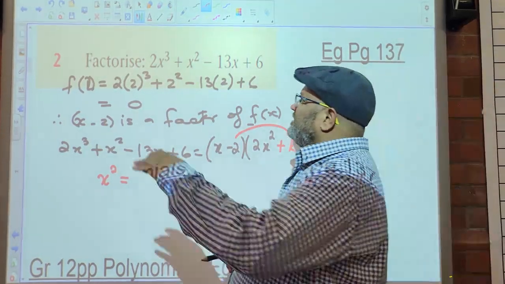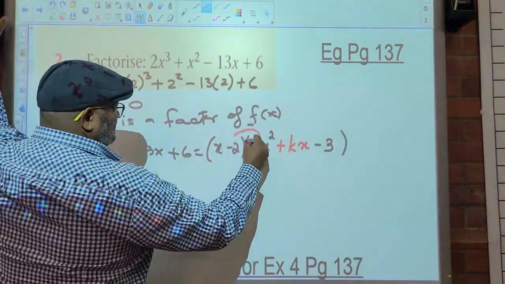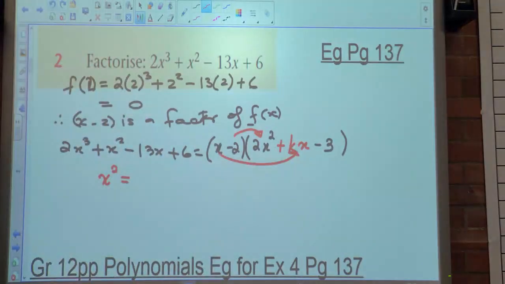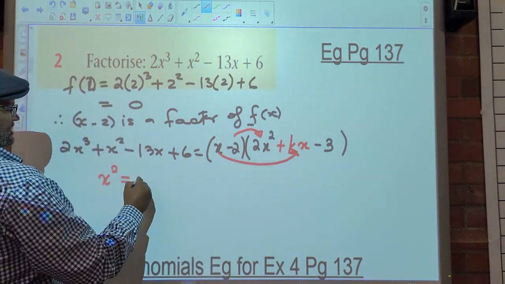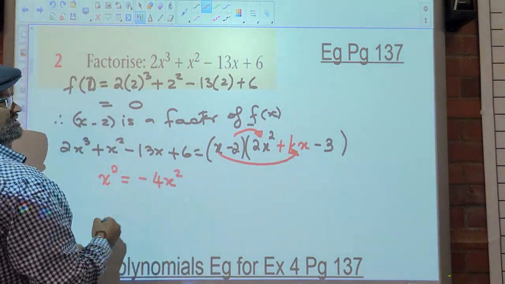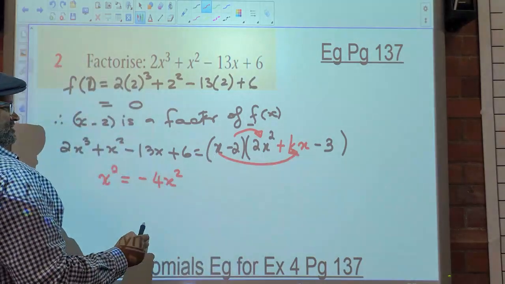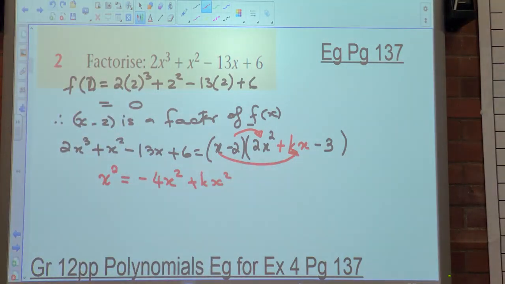No, not that one. Constant with x squared or x with an x. So what is negative 2 multiplied by 2x squared? Negative 4x squared, not so. What is x multiplied by kx? Kx. So what do I do now?